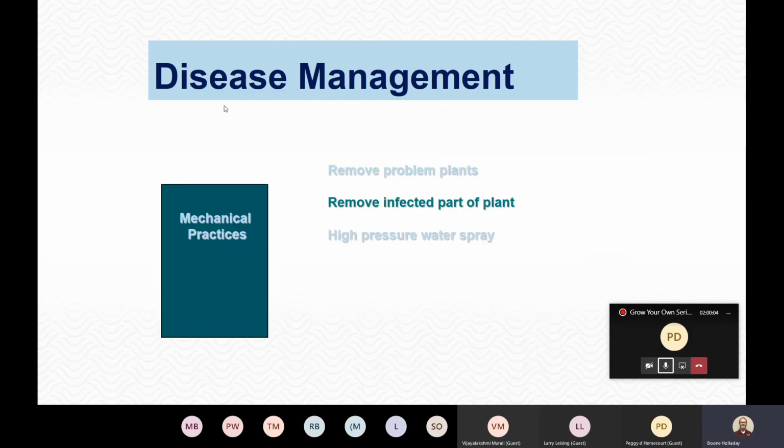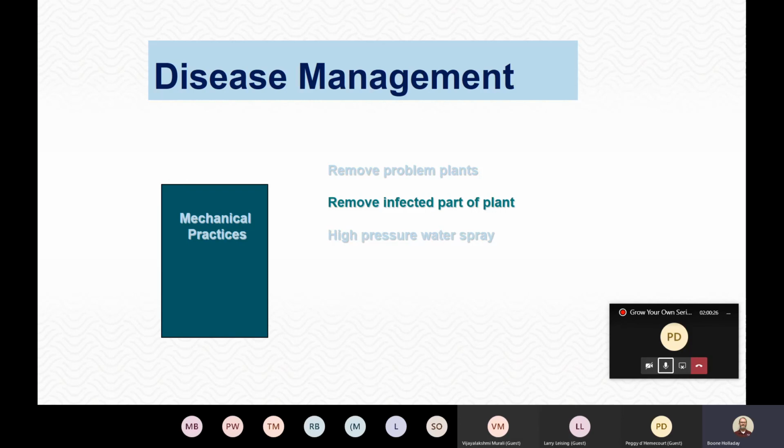As we get a little further down into IPM with disease, it's our mechanical practices section here. Like I've mentioned, removing the plant, unfortunately, is a suitable option here. It's just to get that infected plant out of the garden so it doesn't impact more plants.